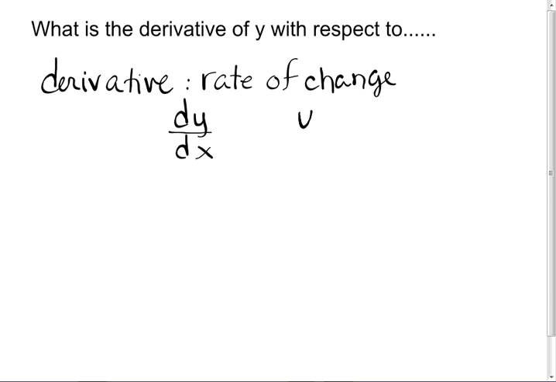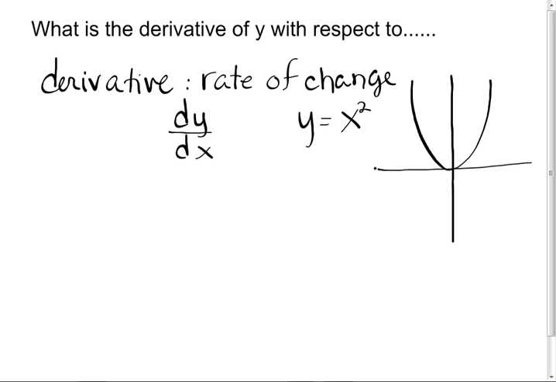So if I say y equals x squared, now I'm going to draw y equals x squared, and I'm going to change x a little bit, maybe 1 unit. Well, then the y changes, doesn't it? Oh, triangles. That's the slope.